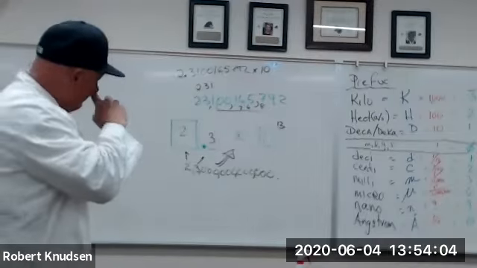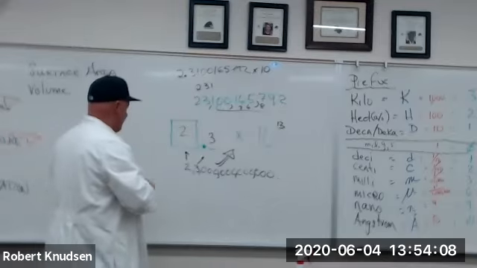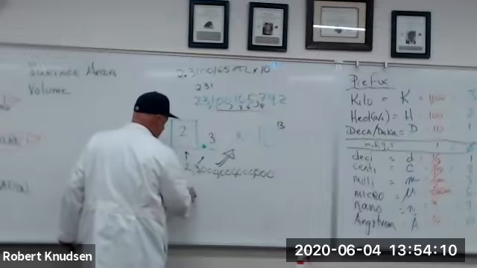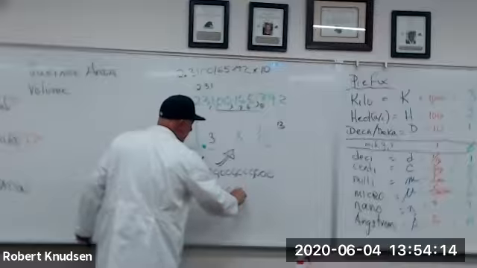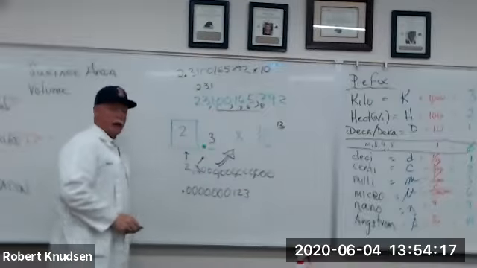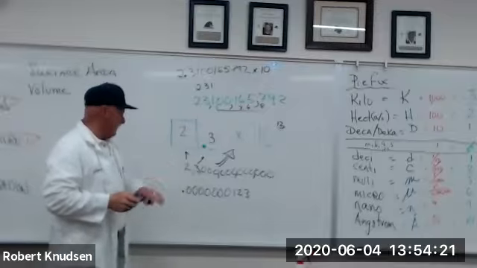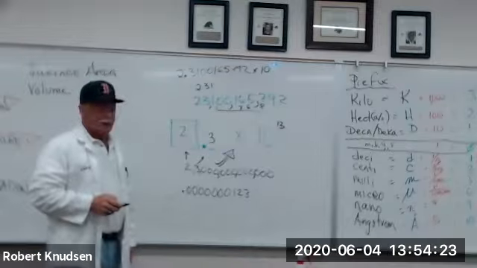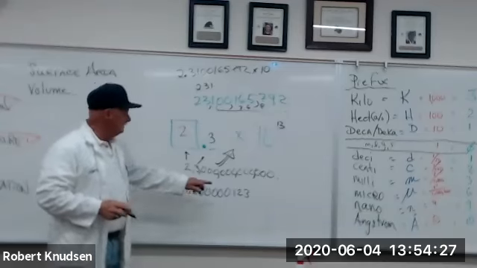Okay. Now, let's use a small number. How about this one? 0.00000000123. That's a little number, huh? But it's got a bunch of zeros out here. Can I put that one in scientific notation? The answer is, man, if I'm trying to manage them zeros, I can do it. What is the rule?